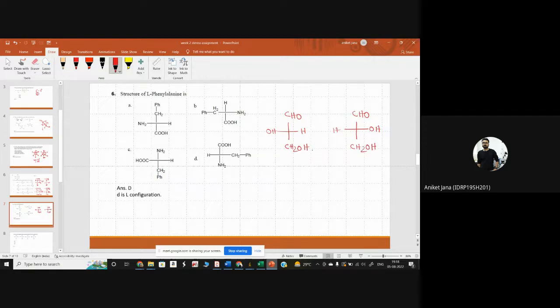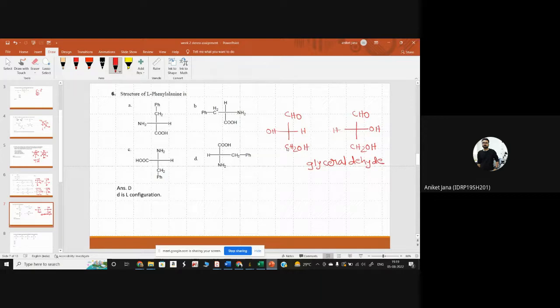Can you tell me the name of this molecule? This is the shortest, smallest sugar molecule. This is glyceraldehyde. Yes, you are absolutely right.